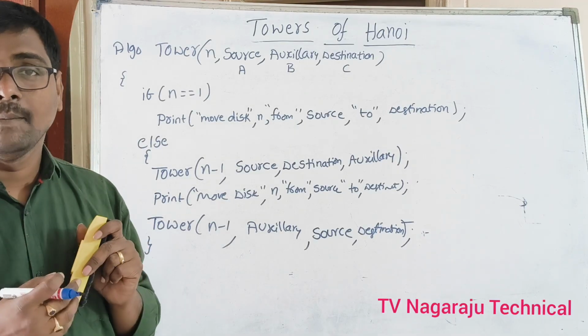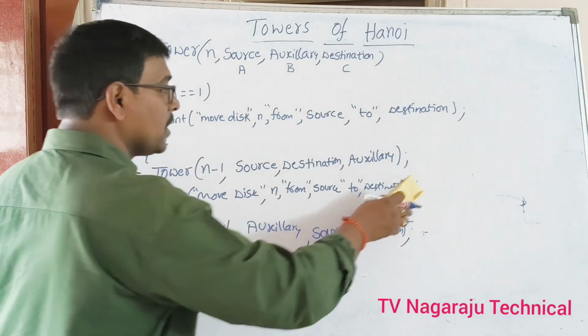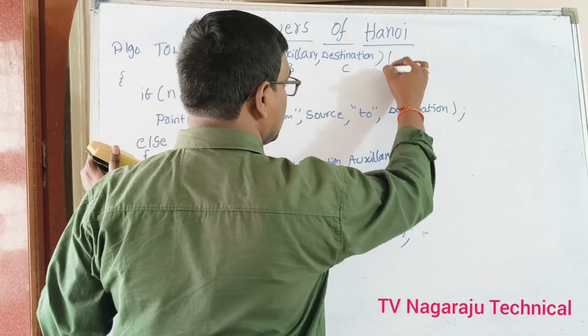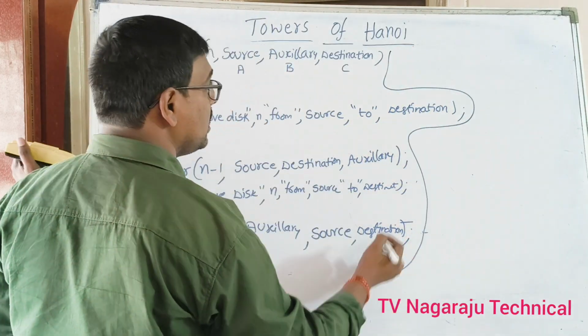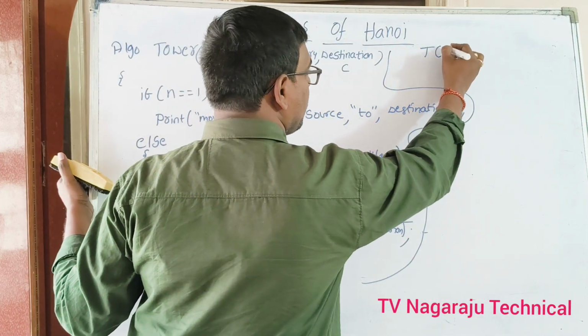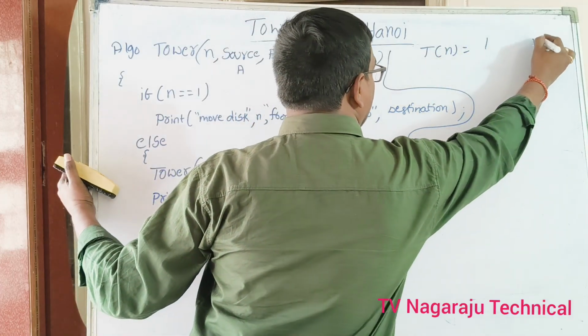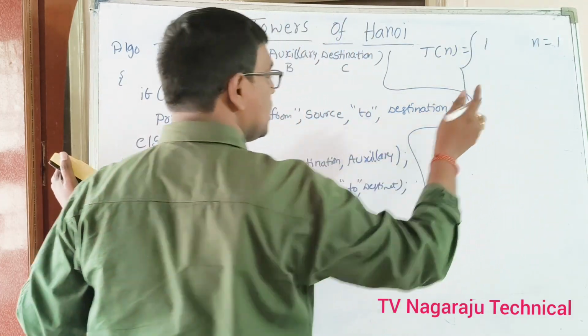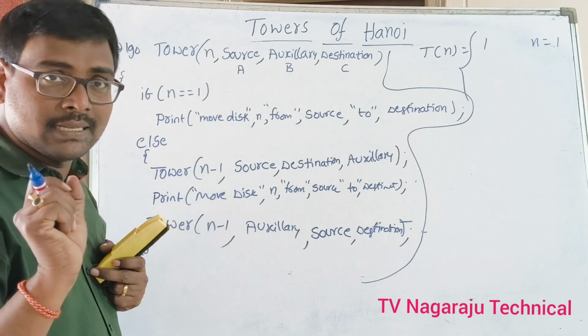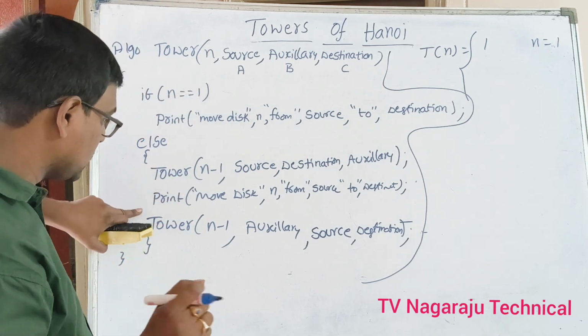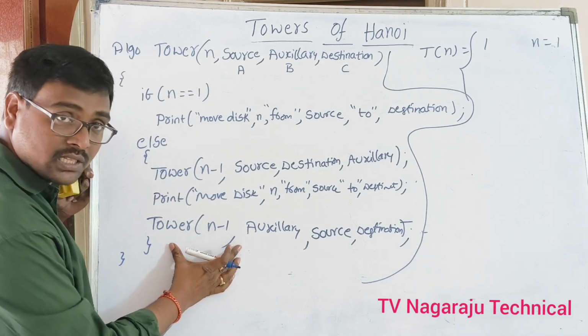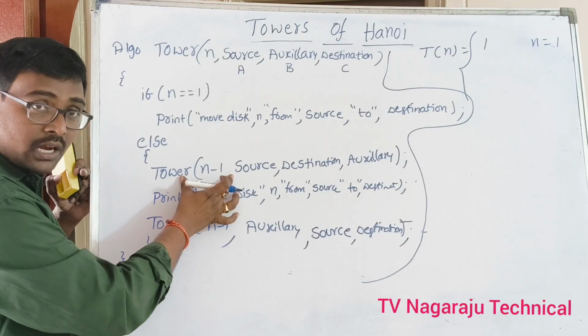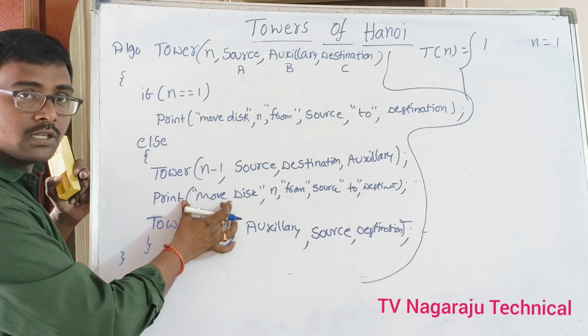What is the time complexity? Simply the recurrence relation is T of n is equal to 1 if n is equal to 1, which means we have only one disk. Otherwise, n minus 1 disks are moved, n minus 1 disks are moved again, and one large disk is also moved.